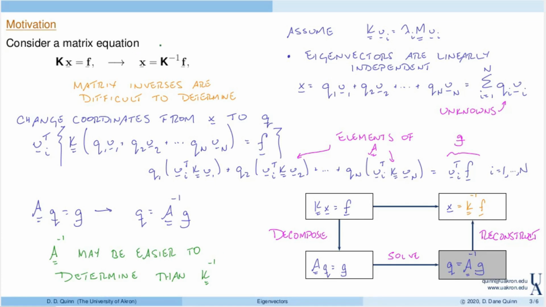Right? I mean, that was the problem up here. I said matrix inverses are difficult to determine. So I don't want to take an inverse of a huge matrix with a bunch of non-zero elements.